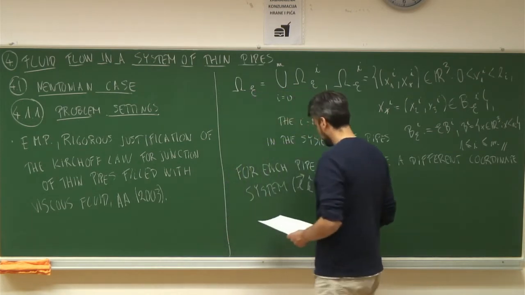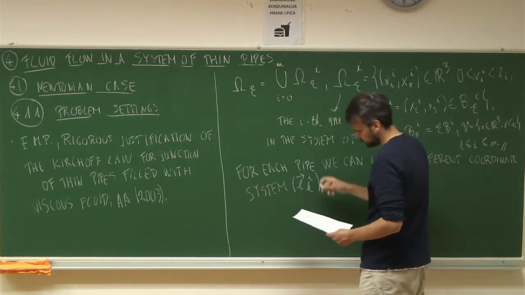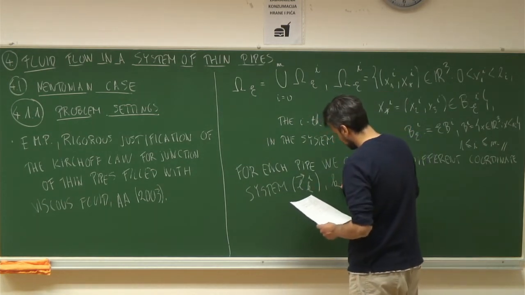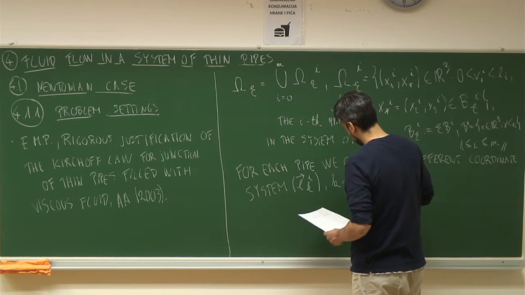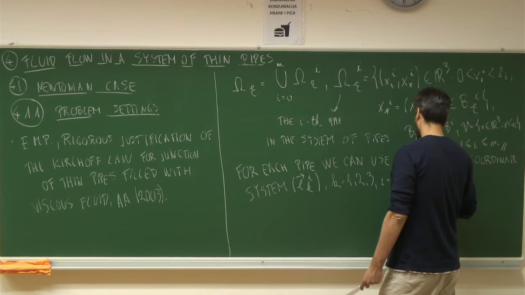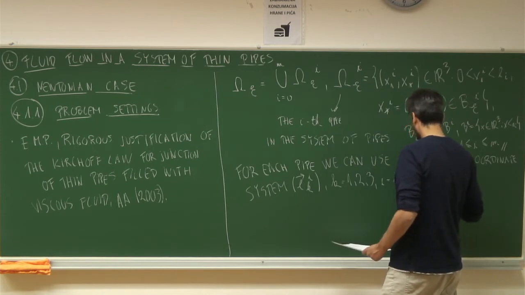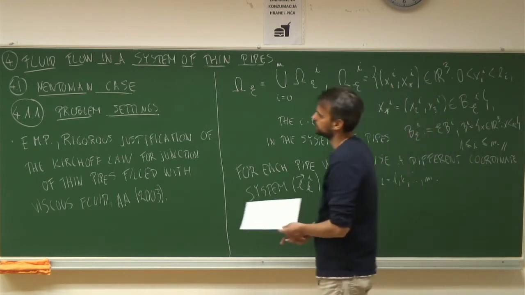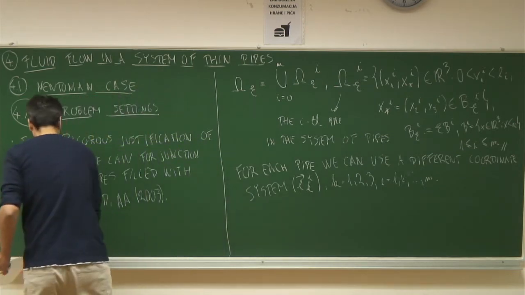You can denote it by e_k^i, where k is, of course, 1, 2, and 3, and i is from 1 to m. So these are three-dimensional pipes. So it can be done in this general setting.